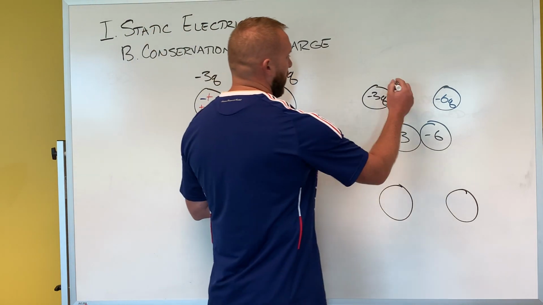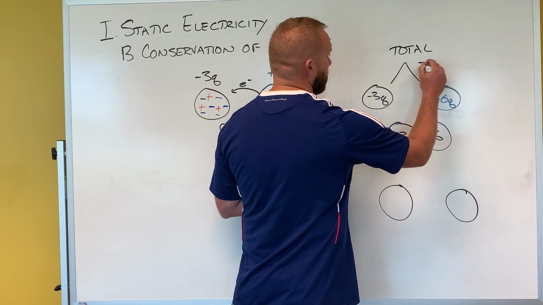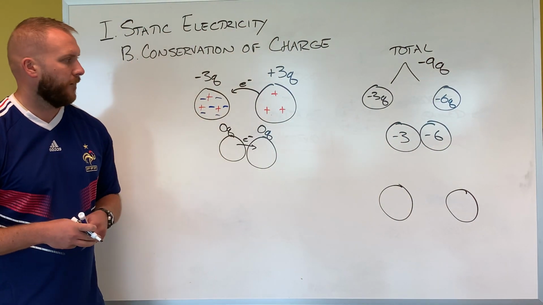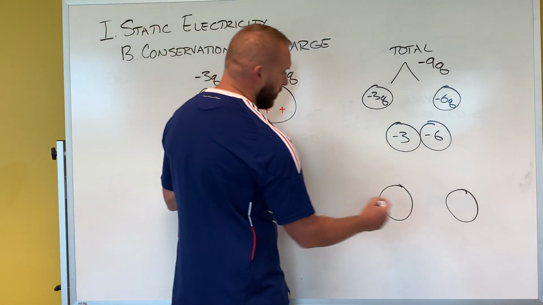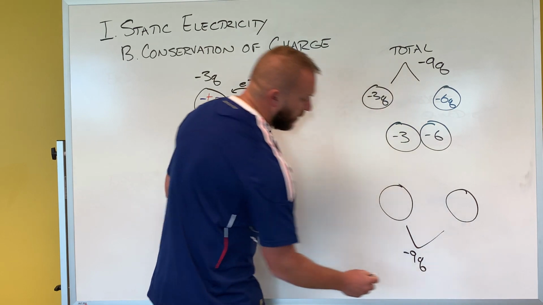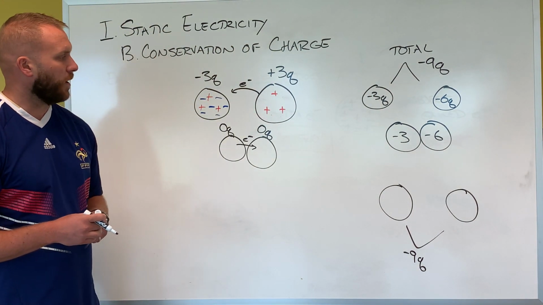So what we have to think about is the total charge here is negative 9Q. So the total of these two also has to be negative 9Q. The total charge has to be conserved, okay?